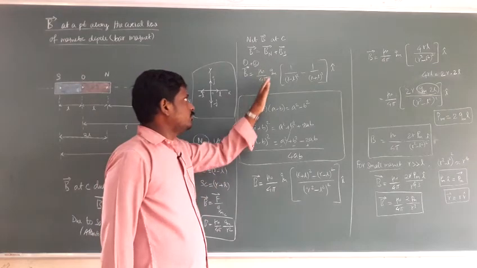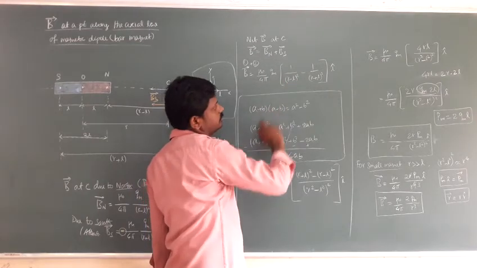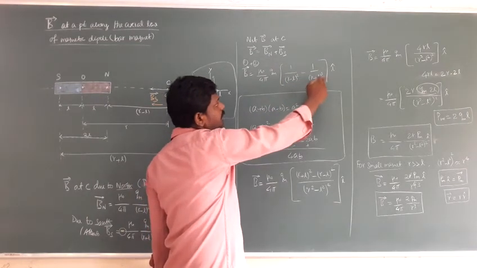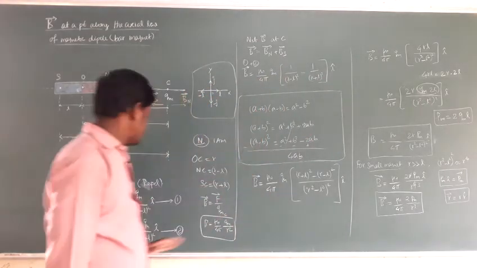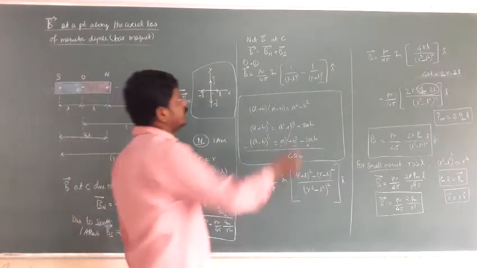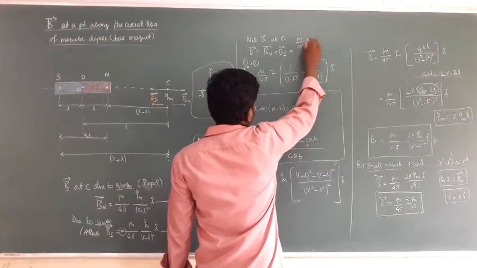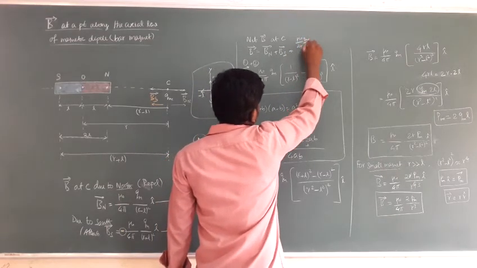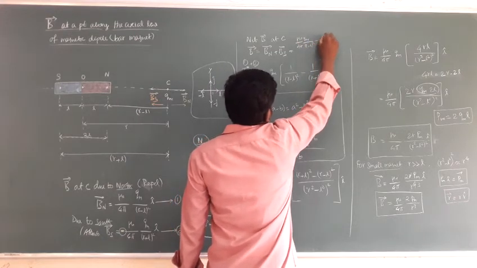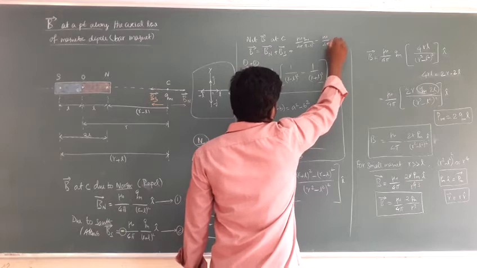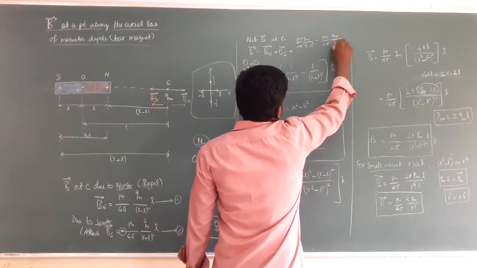So mu 0 by 4 pi Qm times 1 by R minus L whole squared minus 1 by R plus L whole squared, i cap. Just multiply it, you will get the same: mu 0 by 4 pi Qm by R minus L whole squared minus mu 0 by 4 pi Qm by R plus L whole squared.